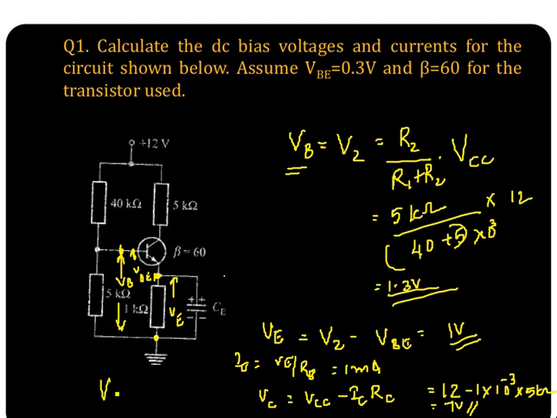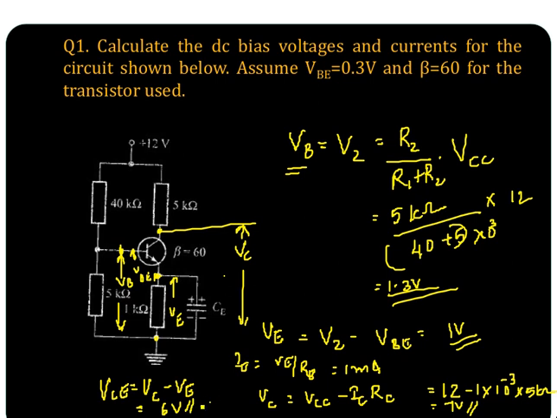Okay, so VCE will be equal to VC minus VE. This voltage you got, VC minus VE is VCE. So on substitution, you will get it as 6 volt.